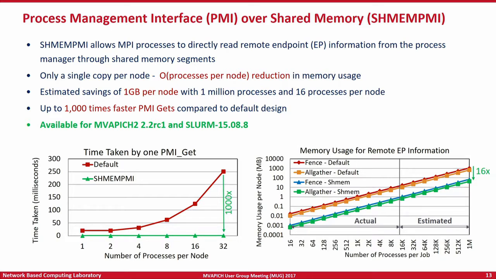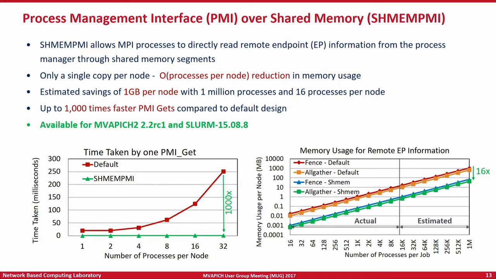Now, we also have improved the connection establishment mechanism for PGAS programming models like OpenSHMEM. So we have done a lot of enhancements here. We have tried to introduce on-demand connection setup mechanisms for OpenSHMEM, and as a result of the enhancements, we have been able to significantly reduce the initialization time from close to a couple of minutes to near constant at maybe a couple of seconds.